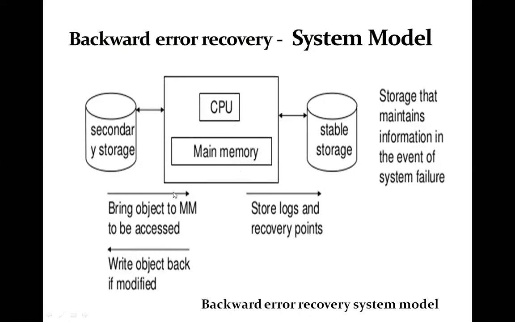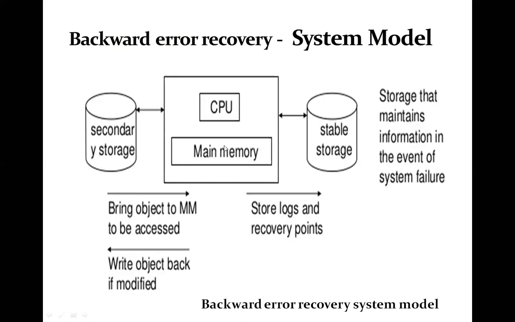Whenever a process is going to access the data objects which are stored in the secondary storage, a copy of that data object is carried to the main memory, and if the access is a write operation, then the copy of the object in the main memory is updated.